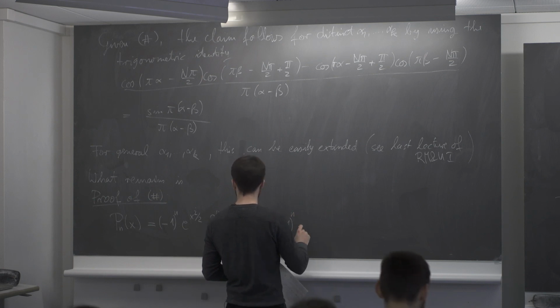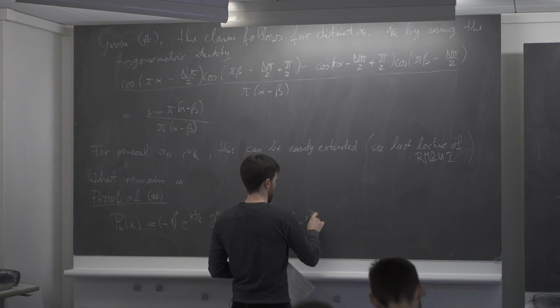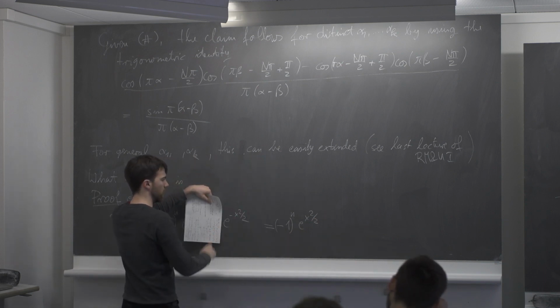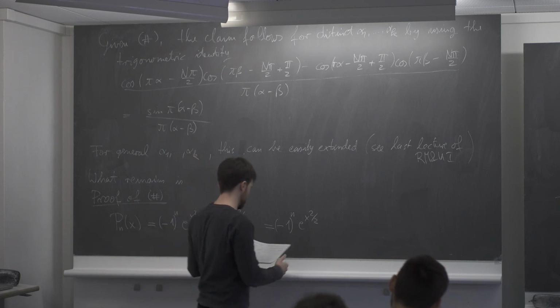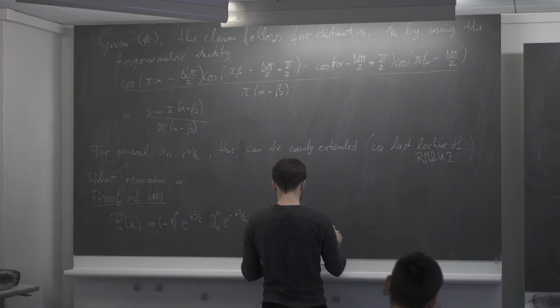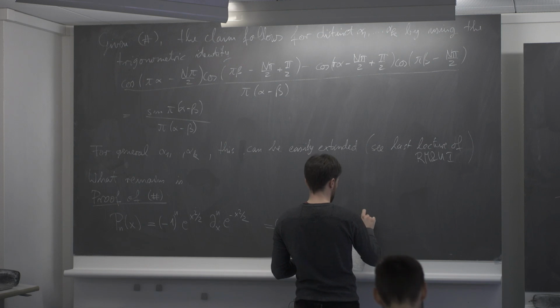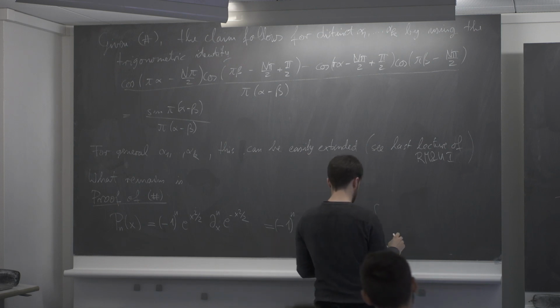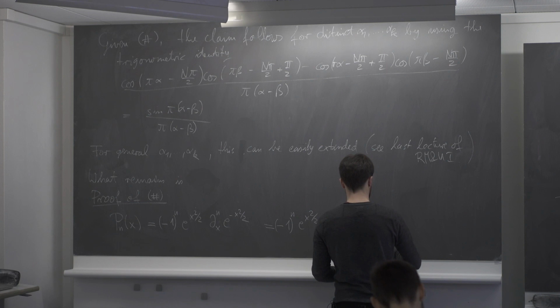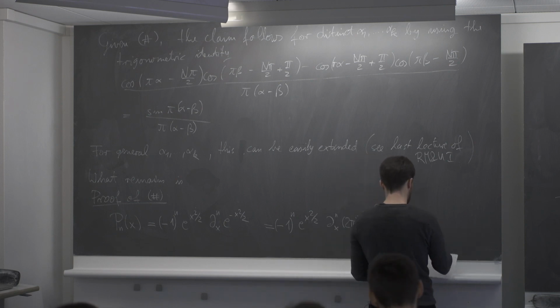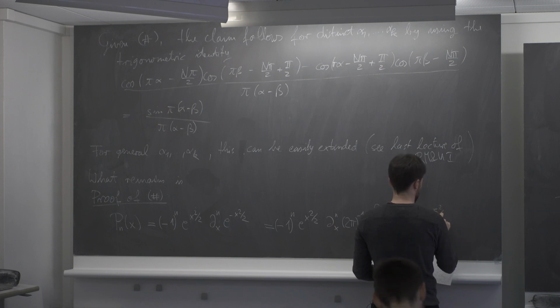So, what is the thing I want to use here? Well, I want to write this exponential function as a Fourier transform of something. And in fact, it's the Fourier transform of itself, namely (2π)^{-1/2} times the integral over all of R, e^{-ixξ} e^{-ξ^2/2} dξ.